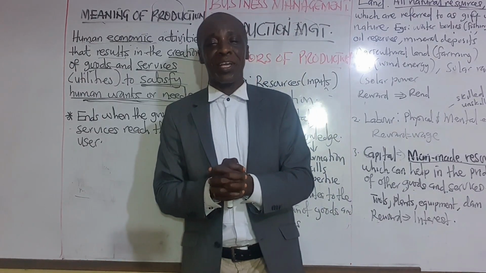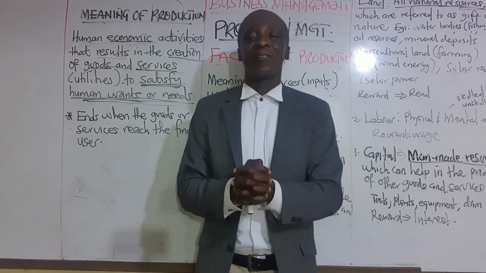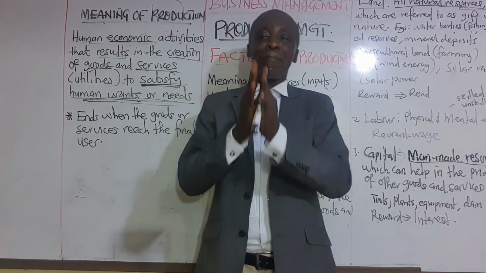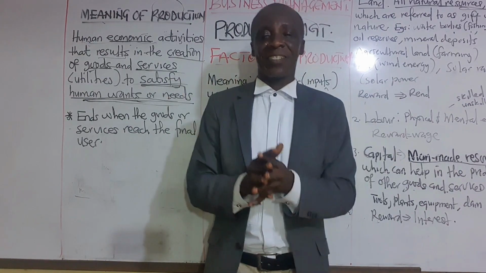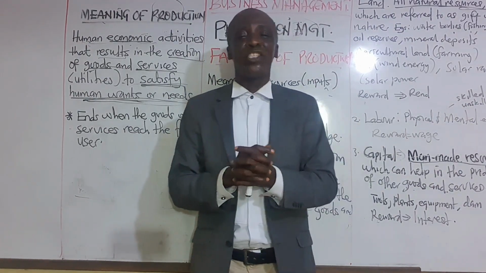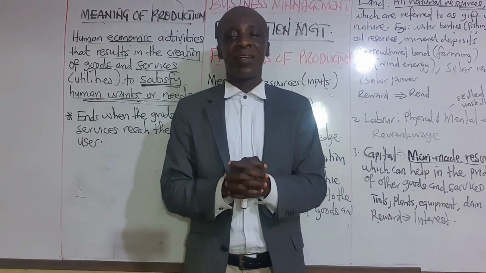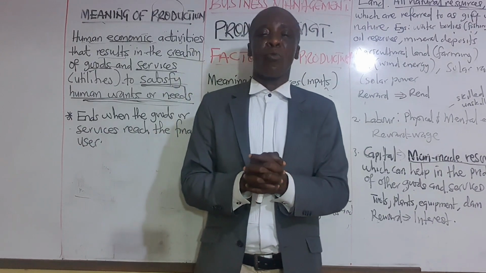Remember, you cannot talk about entrepreneurship without talking about risk. So he's the one that bears the risk. If he's able or if she's able to manage the business well, he gets a reward.